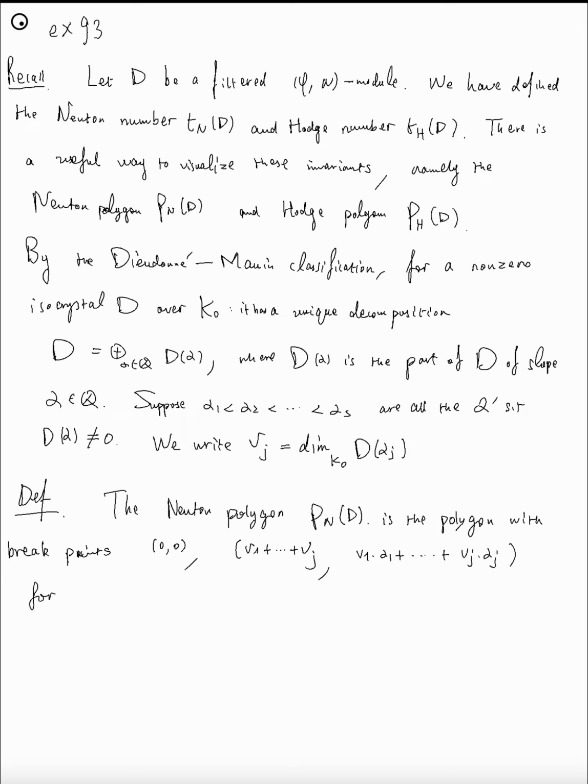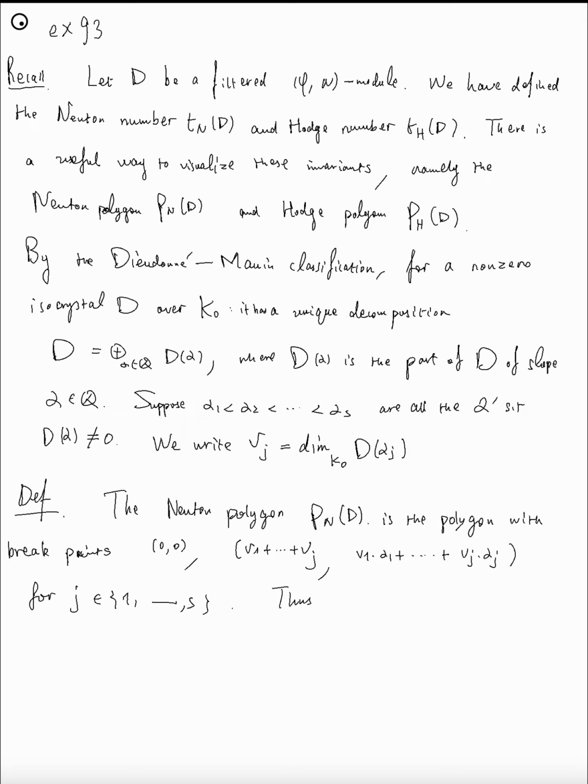So how many breaking points? 0, 0, and then for any j from 1 to s. Sorry, s is the number of slopes.